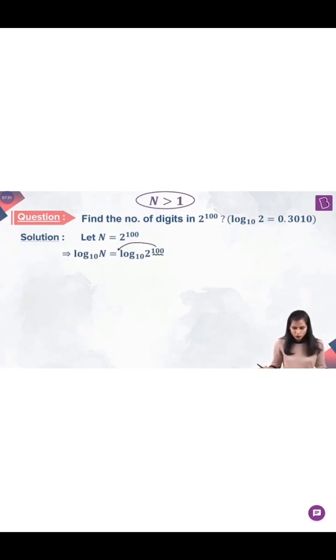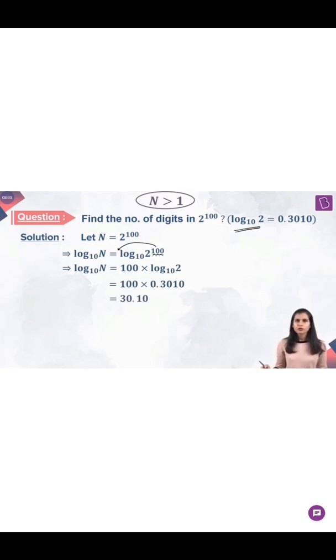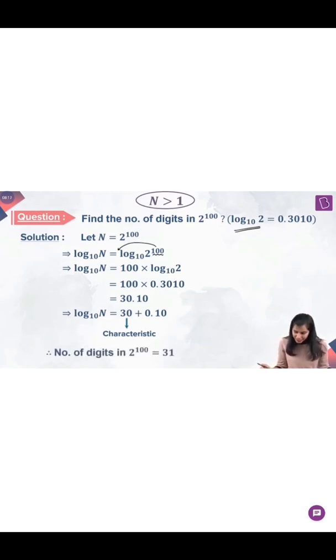100 will come ahead of log, so I'll get 100 into log 2 to the base 10. Log 2 to the base 10 is given to me in the question, so I'll plug in the value and this comes out to be 30.10. That means I can break it up as 30 plus 0.10, so obviously 30 is the characteristic. The moment I have the characteristic of log n to the base 10, the number of digits in n will be characteristic plus 1, that means 31 is the number of digits in 2 to the power 100.